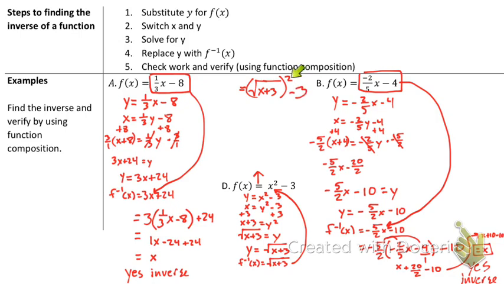And what you have to remember, the power of 2 and the square root cancel each other out. We're left with x plus 3 minus 3. And 3 minus 3 cancel each other out, and you're left with x. So yes, this is an inverse.